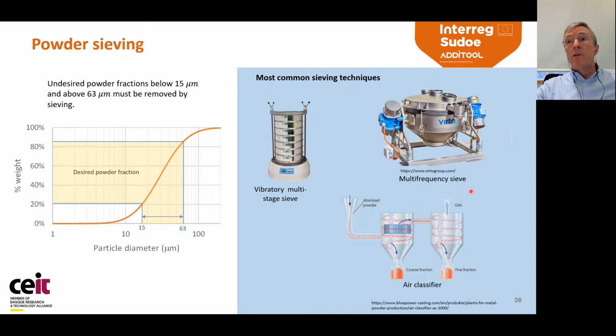You have multi-frequency sieves like this one, in which you can separate two fractions, or at most three fractions, using two motors and a vibrating element inside. And also you have air classifiers, which are very effective for separating fine fractions, which are very often difficult to sieve.